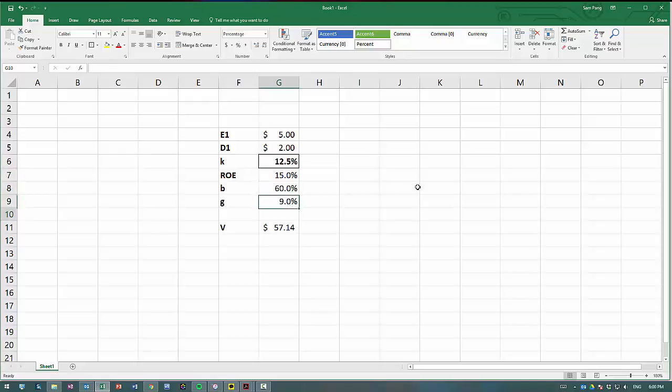Now that 9% growth rate in today's terms is worth $17.14, because this growth comes from jacking up your retention ratio from 0 to 60.